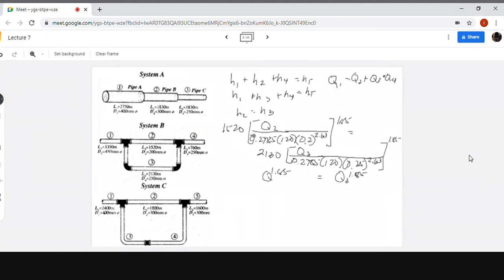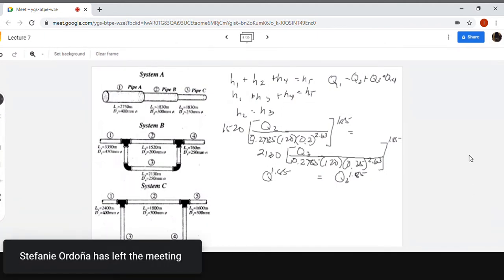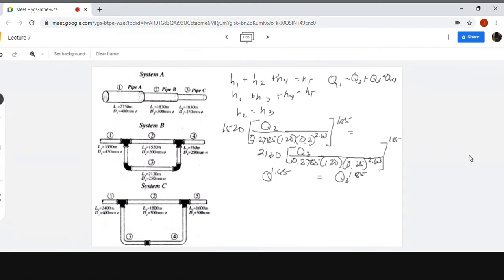Then we solve. 1520, so this will become 5797.89.